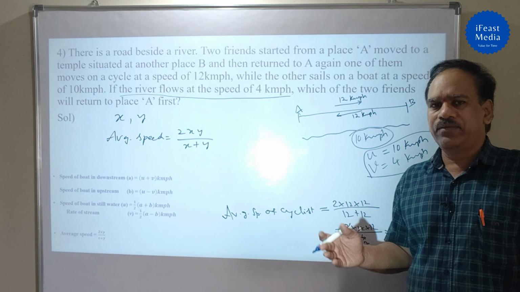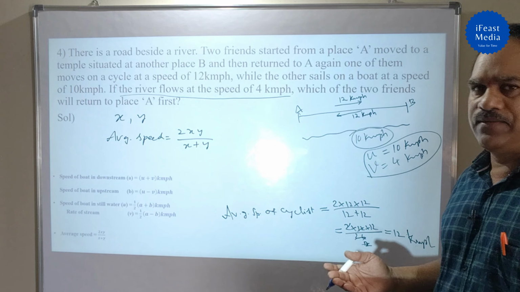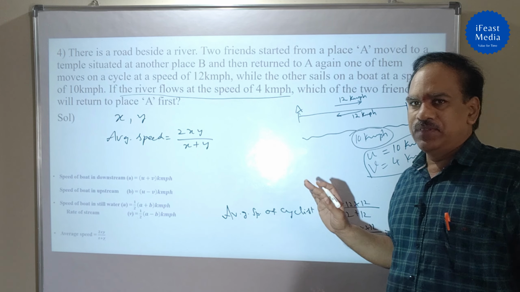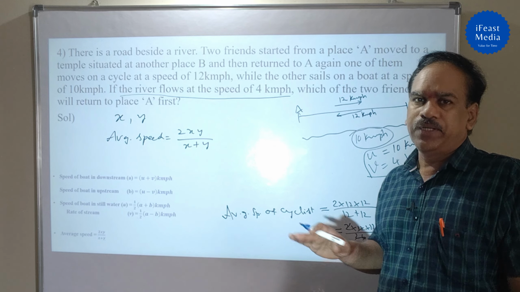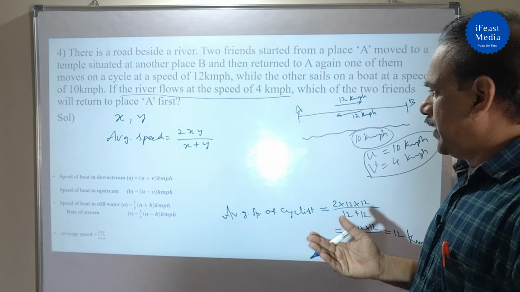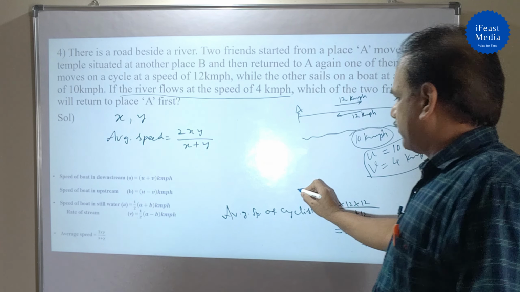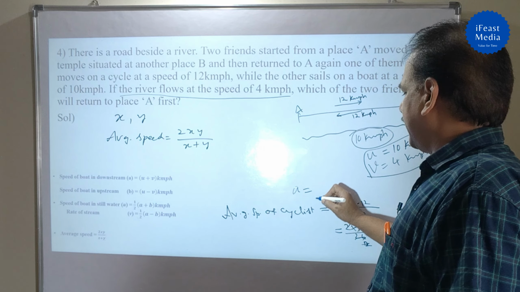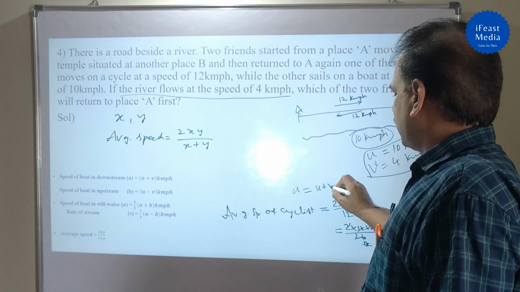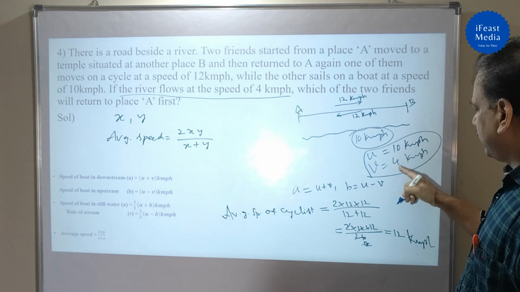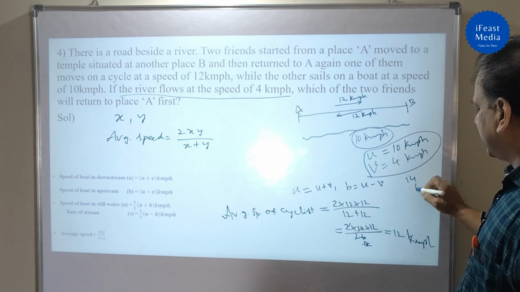How do you find the average speed of the boatist, the person sailing on the boat? His speed in the downstream and his speed in the upstream must be known, then only you can find the average speed. What is the speed of the boat in downstream and upstream? In downstream A is u plus v, and B is u minus v. So u plus v is 14 and u minus v is 6.